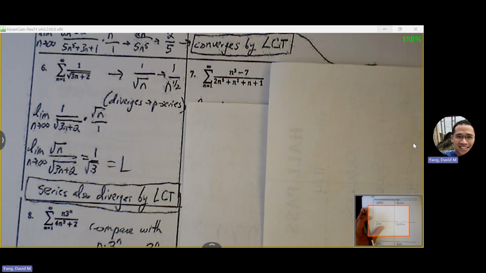Yeah, limit comparison test has a certain look to it. If it looks like a rational function, that's usually a good indication. I think they're trying to get us to use the limit comparison test.